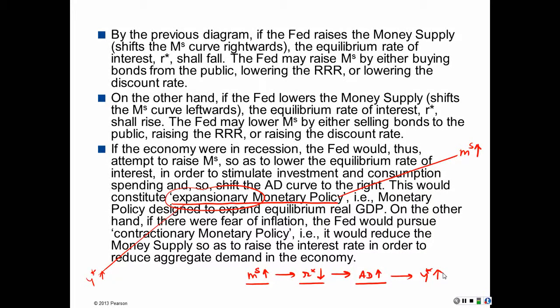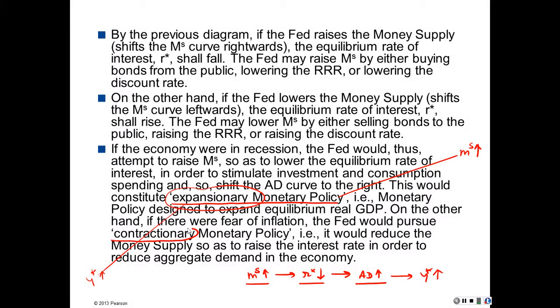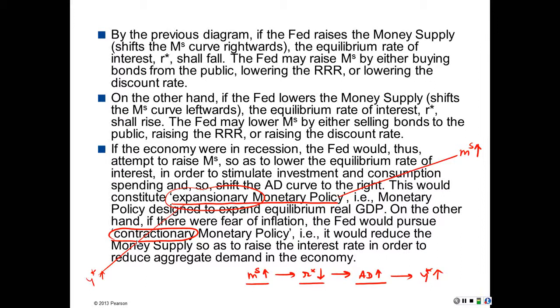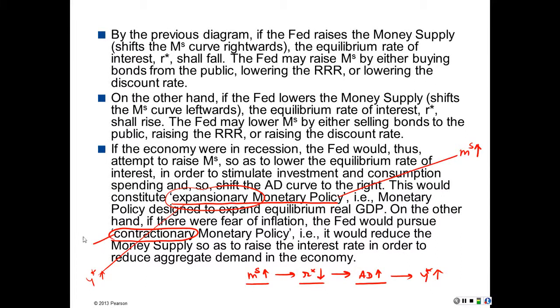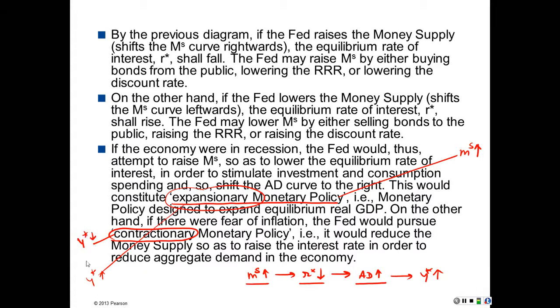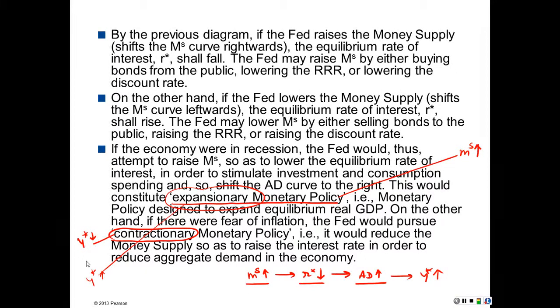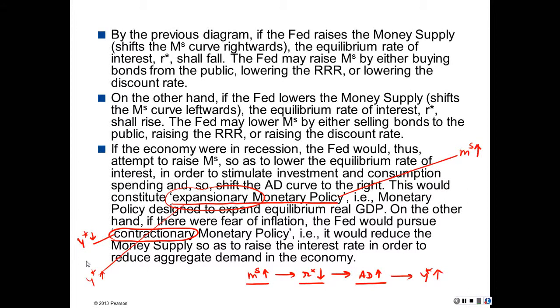But also there is such a thing as contractionary monetary policy, just as there is contractionary fiscal policy. Contractionary fiscal policy is designed to do what? Contract equilibrium GDP, bring it down. So when would the government, when would the Fed pursue it? Yes, when there is fear of inflation, correct?